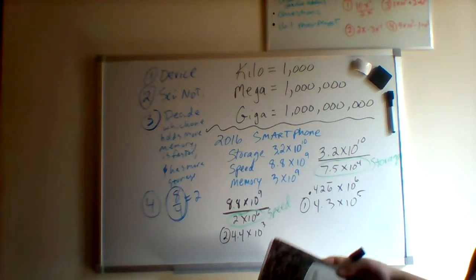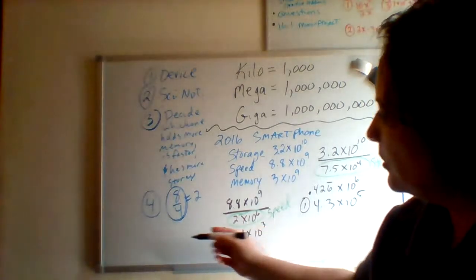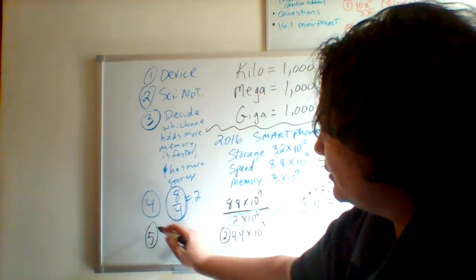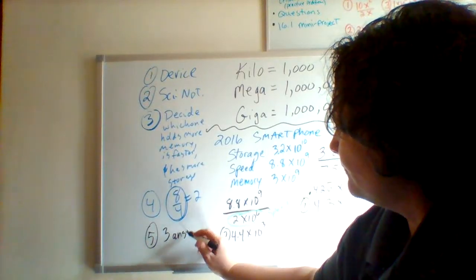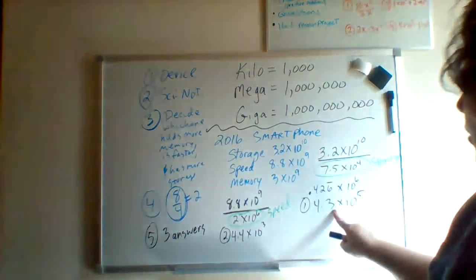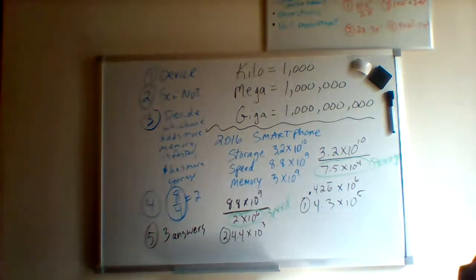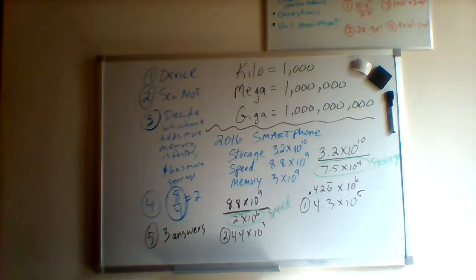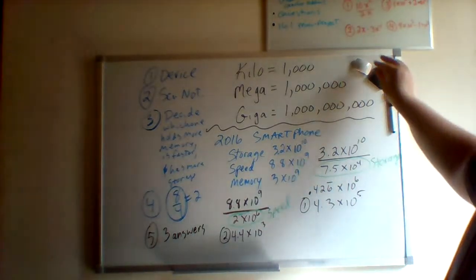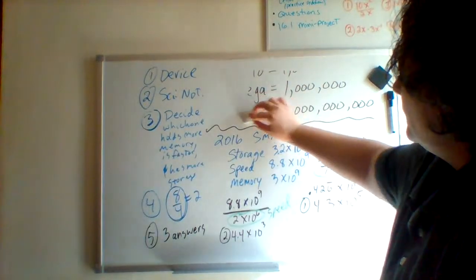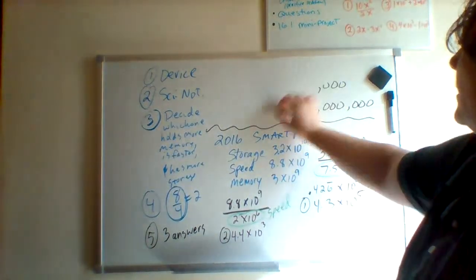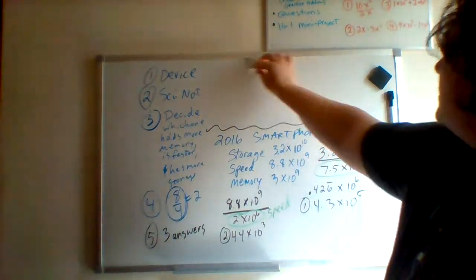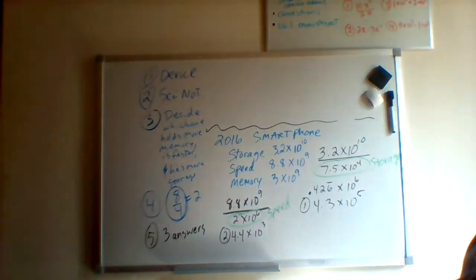Okay, I have one more answer. Okay, so I should have 3 answers. 1, 2, and now I'm going to work on my 3rd. So I'm going to erase my reference. I put that up there for you guys so that you knew where I was getting my numbers from.